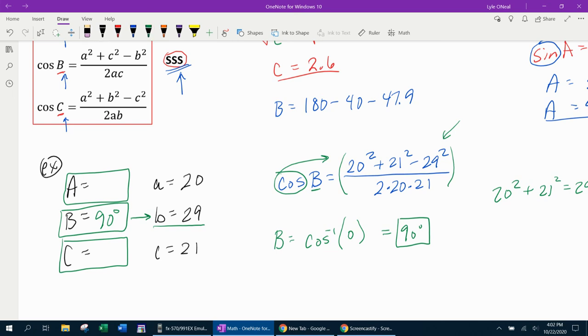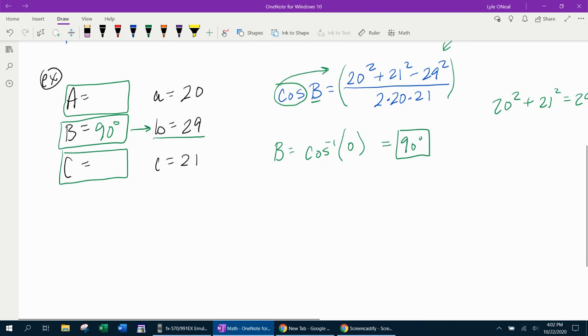And I tell you what, since we probably need the practice, I'm going to go ahead and use the law of cosines again. And I did say that I was going to find the angles from biggest to smallest. So the next biggest angle should be angle C. Right? He's got the next biggest side. Side A is the smallest, so angle A should be the smallest angle.